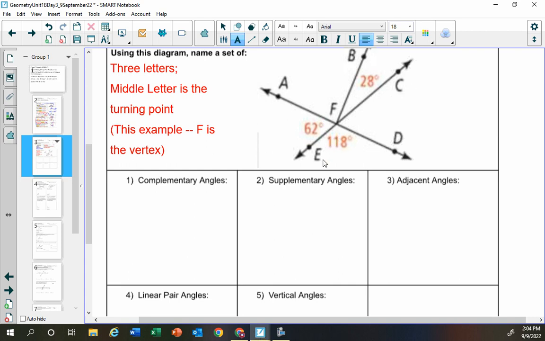But can we still, given this information, get this angle right here, CFD? Yeah. What can we do? Well, we have 2 options. One option, I'm going to highlight. If I highlight this line right here, right there.